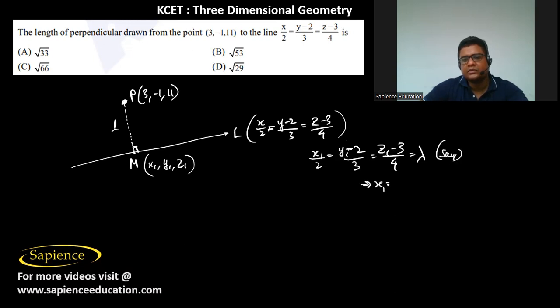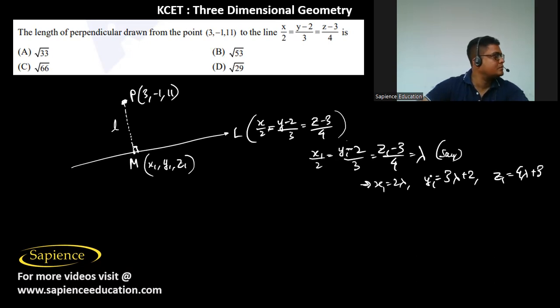So therefore x1 should be equal to 2 lambda, y1 should be equal to 3 lambda plus 2, and z1 should be equal to 4 lambda plus 3. So this foot of the perpendicular M will be (2 lambda, 3 lambda plus 2, 4 lambda plus 3).